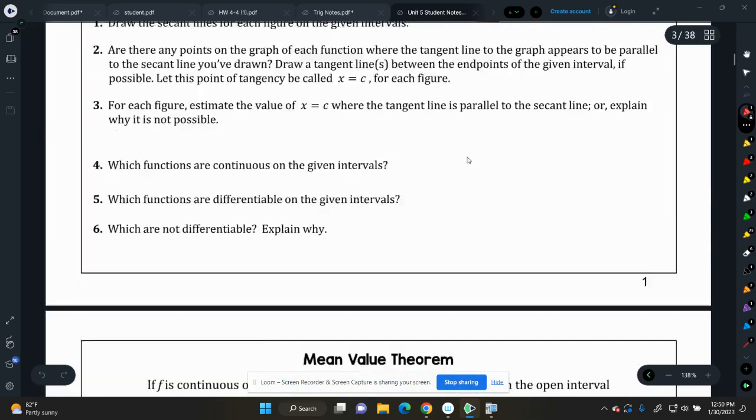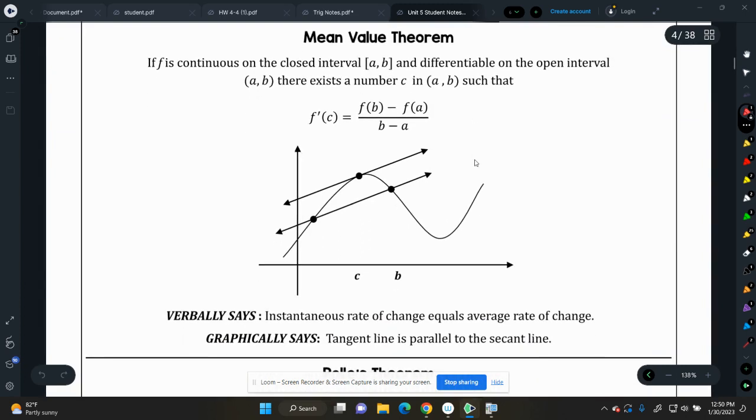Okay, lesson 1, we're going to jump down here to the actual mean value theorem. All right, just some things that are important to notice, right? If f is continuous on the closed interval [a, b], and where's my a? a is missing. Here's a right here. And differentiable, well, we can see it's continuous and differentiable on that interval.